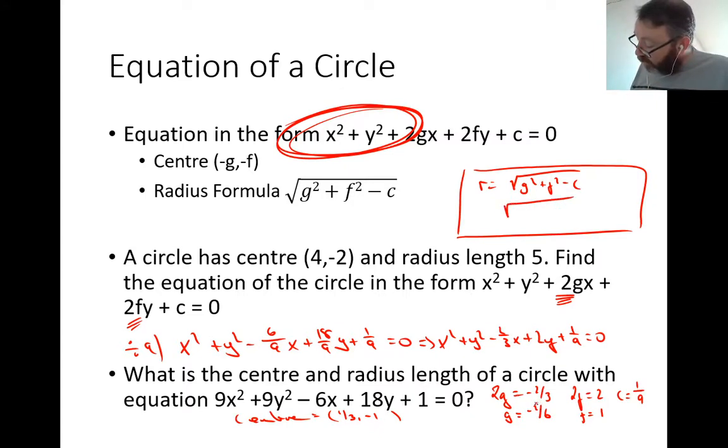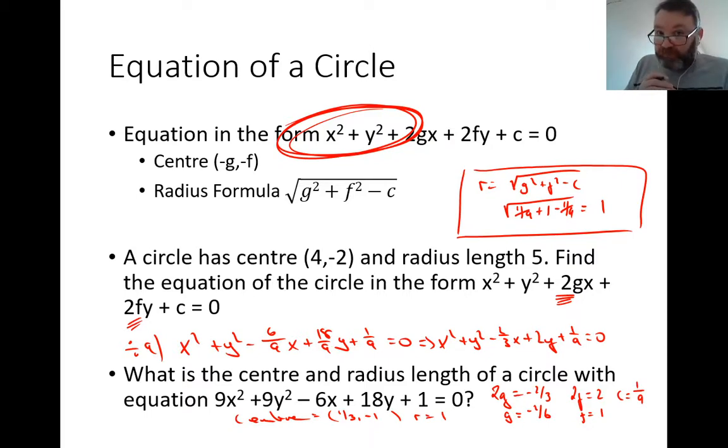It's 2 over 6, so it's 1 over 3. Squared, that's 1 over 9. Plus f squared is 1 minus a ninth. Aha, a ninth and a ninth cancel. See why it's so important to stick with fractions? And you get the square root of 1, which is 1. So what's the center? A third, minus 1. And what's the radius? Answer: 1.